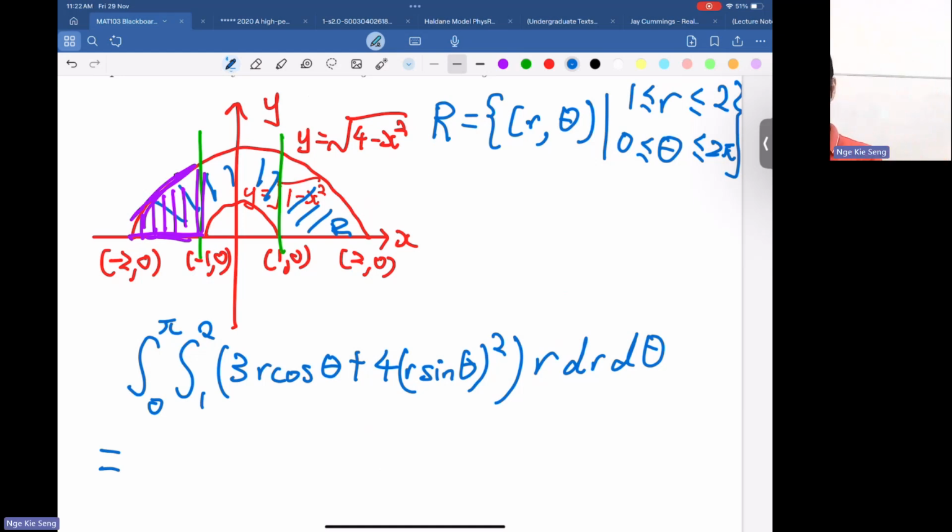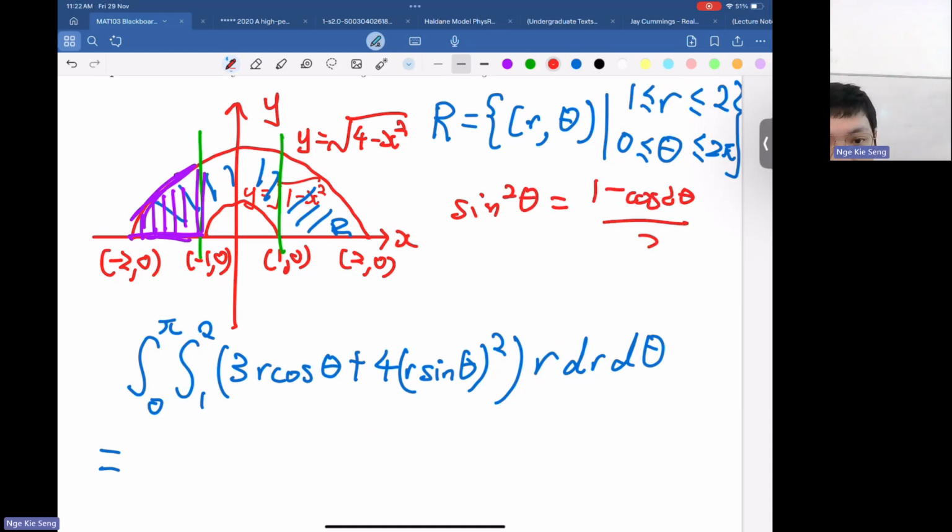You need one trig identity here. Let's see, what's the trig identity you need? You need sine squared theta equals something. Equals 1 minus cos 2 theta over 2. I probably need this to help you.